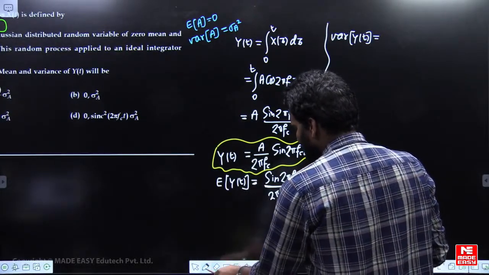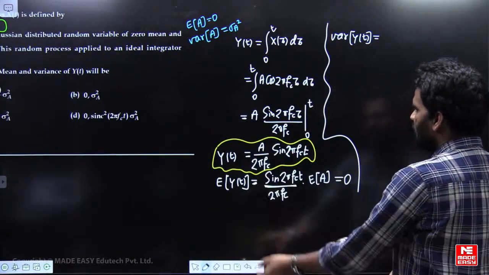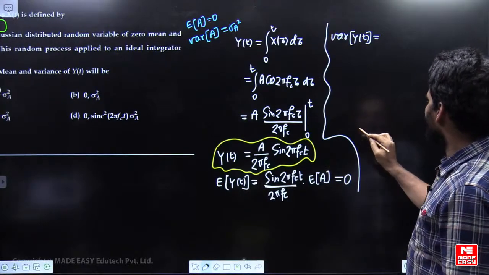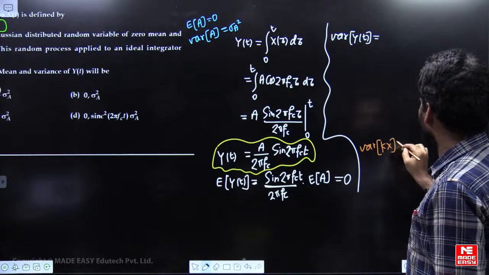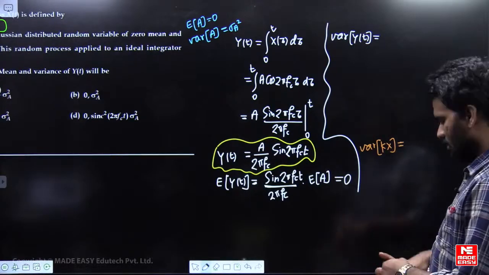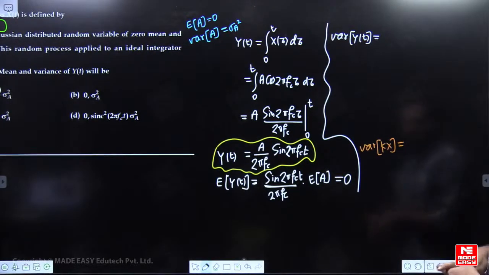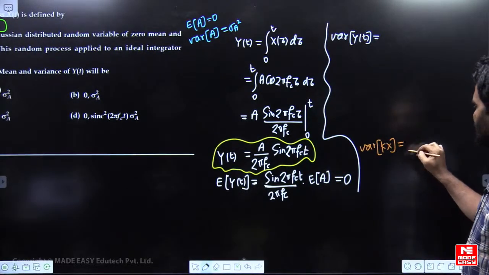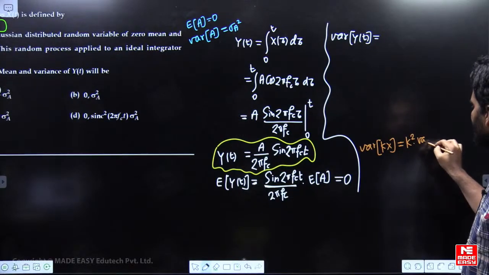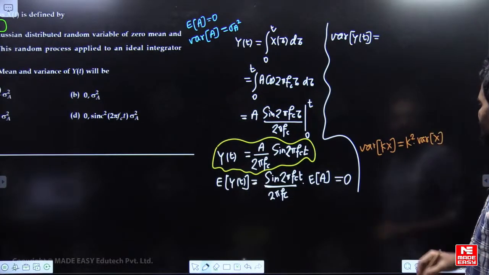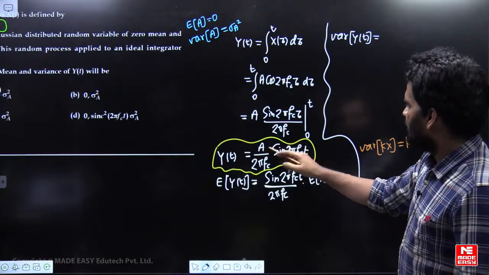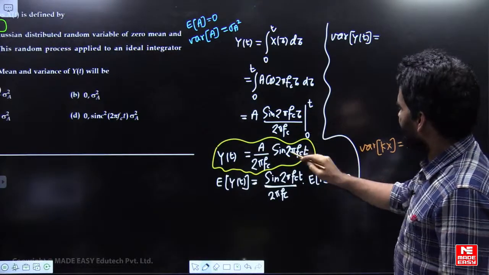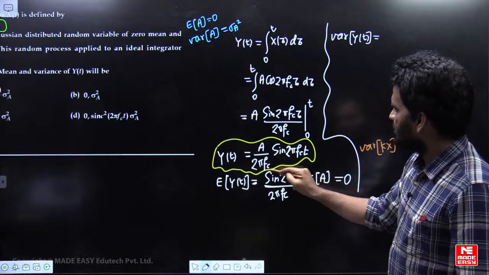Now if you see, here A is the only random variable. You know this: the variance of kX, where X is the random variable and k is some deterministic quantity, is k squared times the variance of X. Then the expectation of y(t) will be, for me this is just some k here.